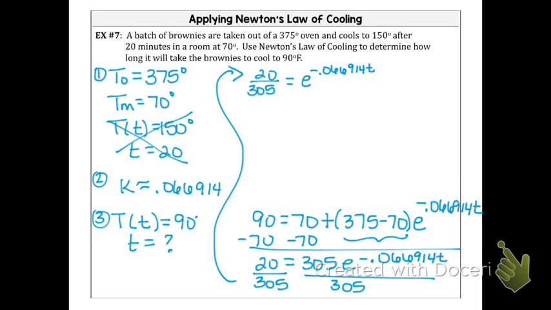And because I have a base of e, I'm going to use a natural log. So the natural log of 20 over 305 equals the natural log of e to the negative 0.066914t. And then I can take this exponent and make it its coefficient.